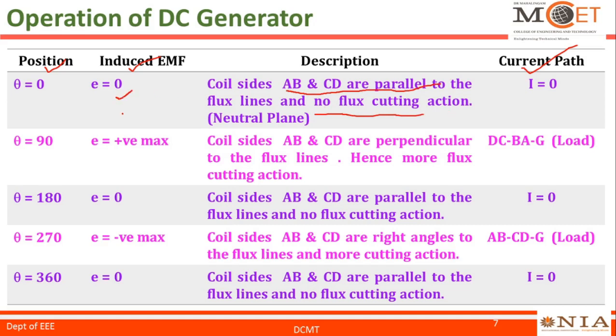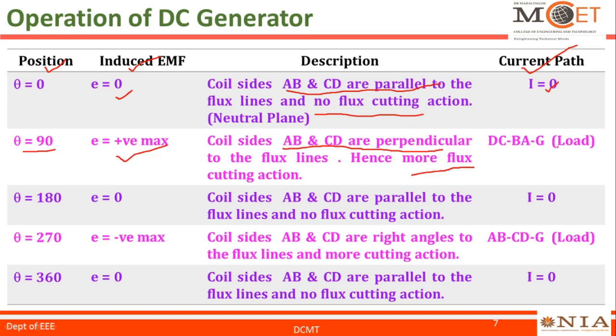Induced EMF is 0, and correspondingly the current is also 0. At theta equal to 90 degrees, both coil sides are perpendicular to the flux lines, so more flux cutting action. Hence EMF induced is positive maximum, and current flows from AC to BA and the galvanometer.